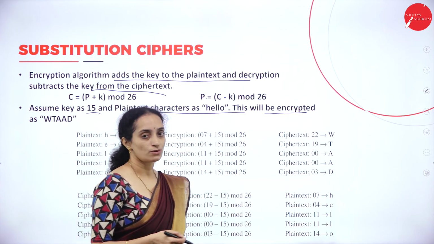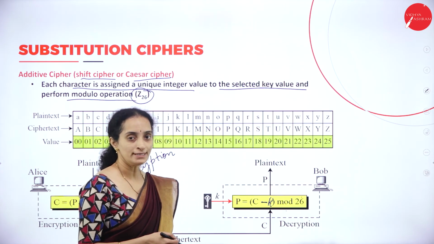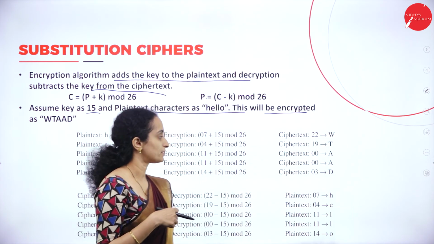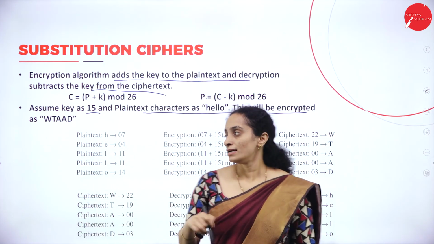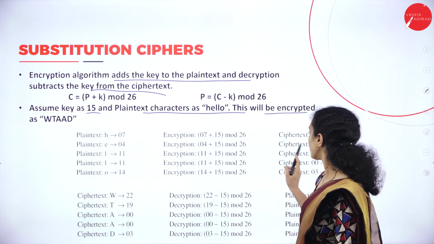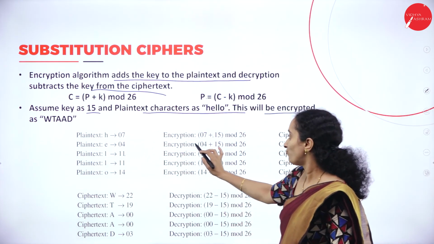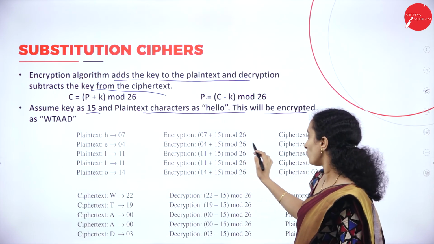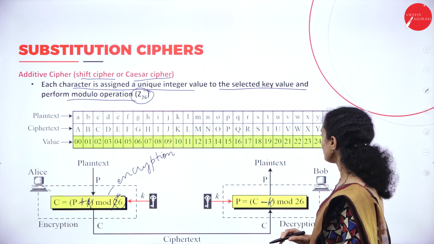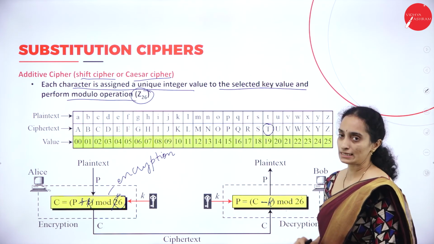The integer value 22 represents the alphabet W. Next is E, with value 4. 4 plus 15 is 19, mod 26 gives 19. 19 represents the cipher text alphabet T.